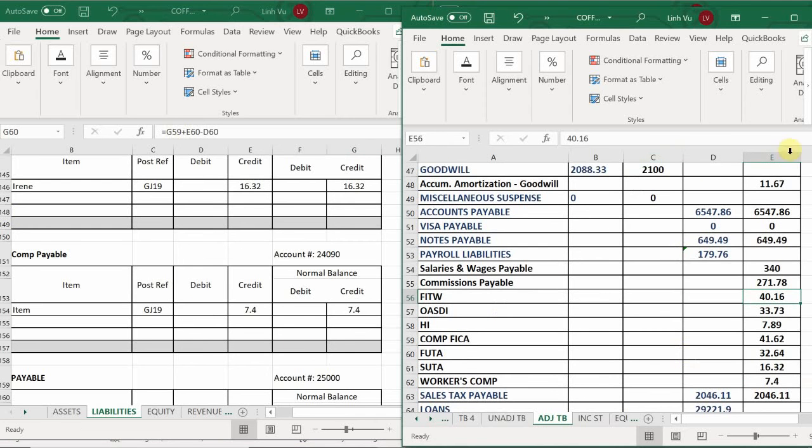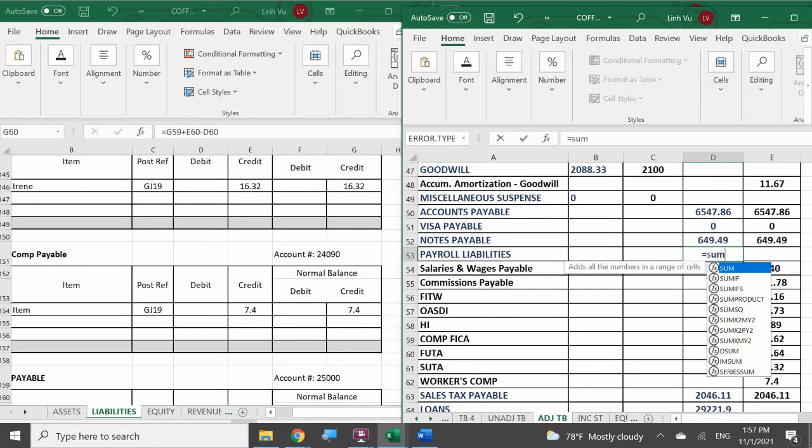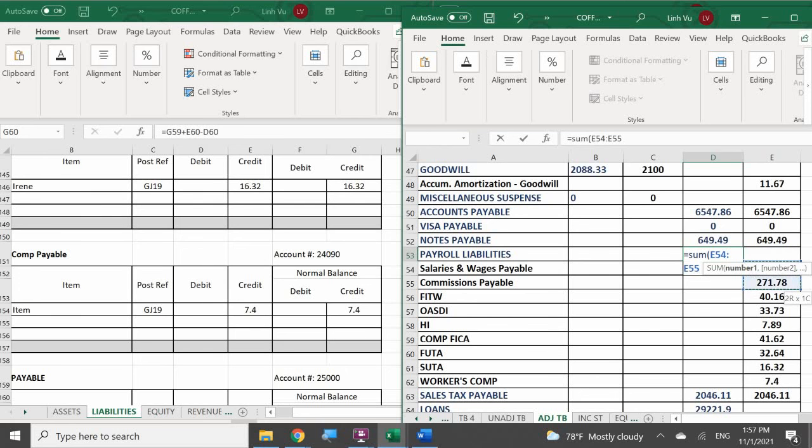So let me add those in here. Equal sum. I'm going to get salaries and wages payable, commissions, FITW, Social Security, Medicare, FICA, FUTA, SUTA, and workers' comp.